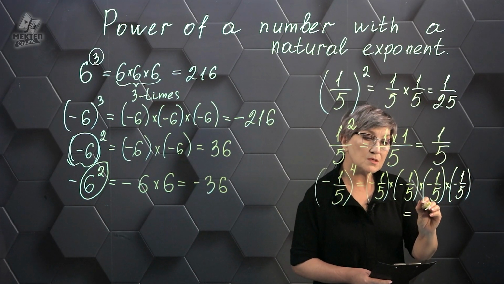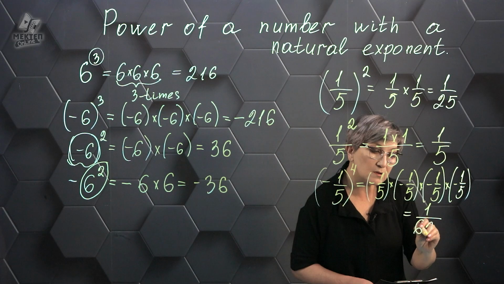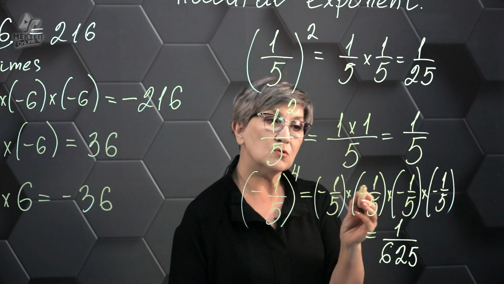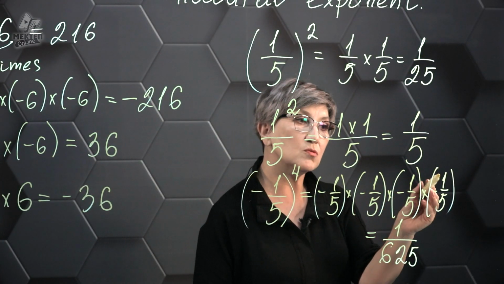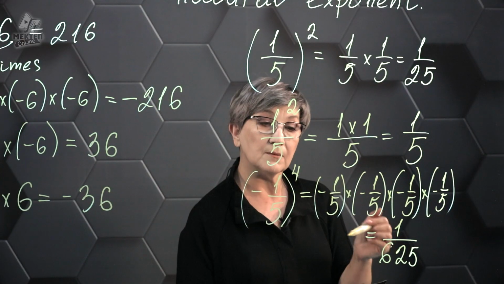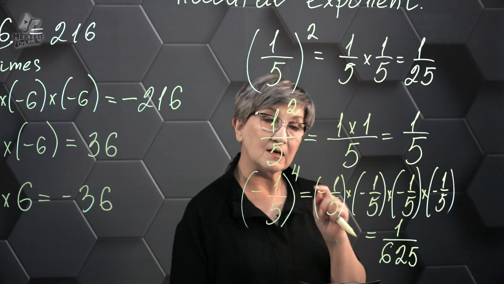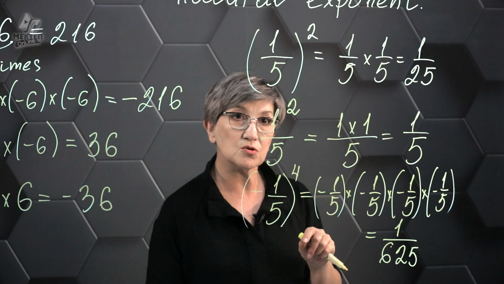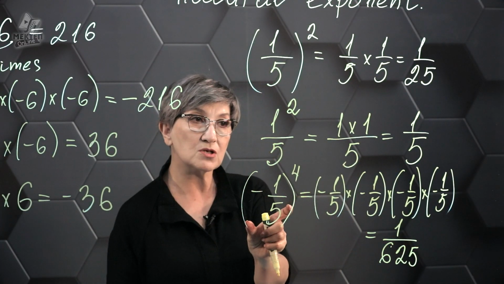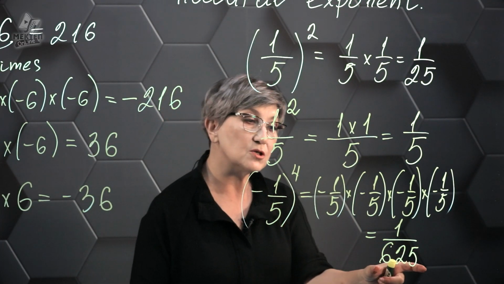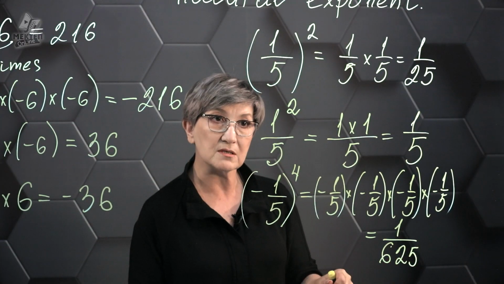The result is 1/625. 1 times 1 times 1 times 1 will result in 1. Now, when you multiply 5 by 5 4 times, you get the number 625. The result of minus 1/5 to the power of 4 is 1/625.